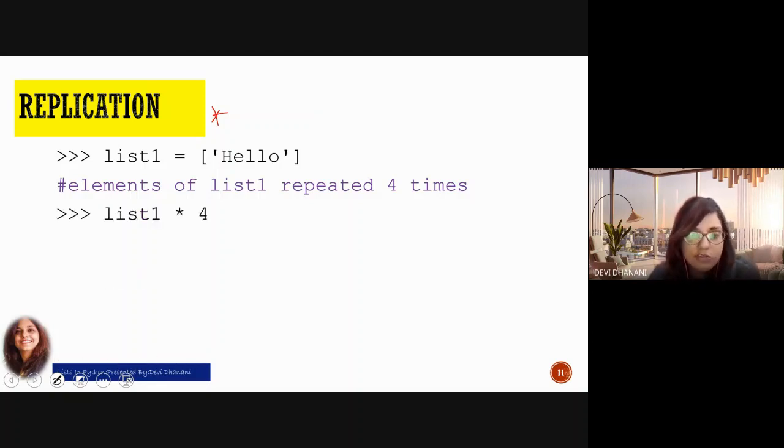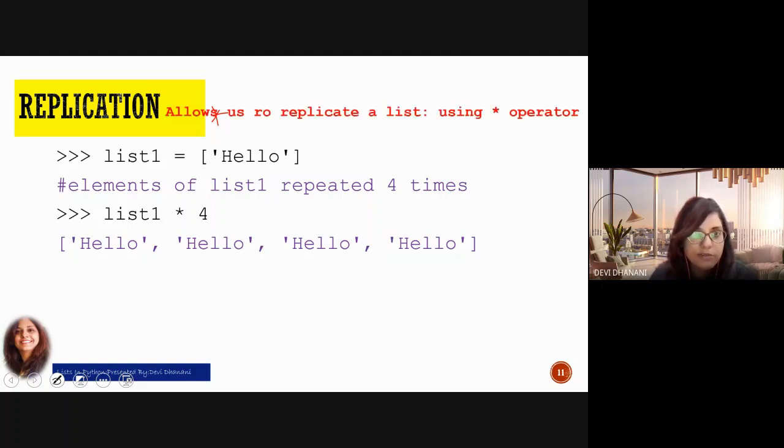We will have to use the list name, that is list 1, use the replication operator and multiply it with 4, that is, 4 times the elements of the list will be displayed on the screen. So we have hello as our list 1 element, and as you can see, now the list consists of 4 values. So the replication operator, that is the multiplication operator, allows us to replicate a list.